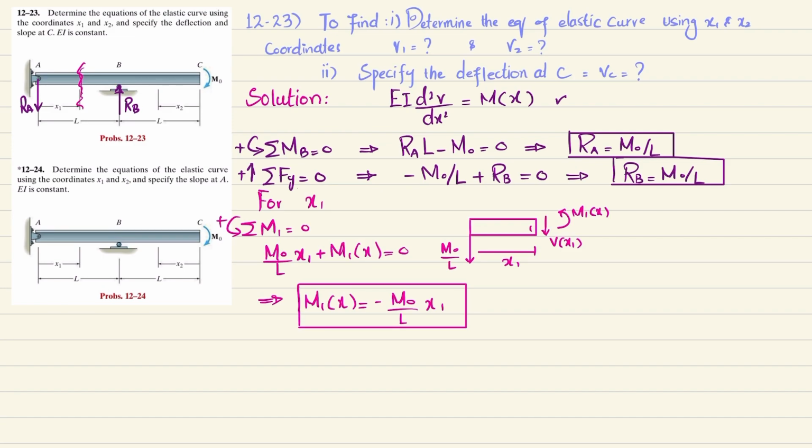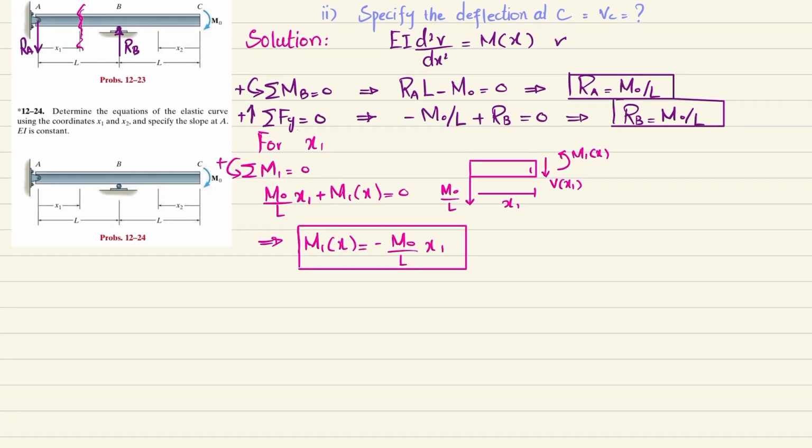Clear? Now you have to put it in this equation. For coordinate x1, we have EI d²v1/dx1² equals M1 of x, and this M1 of x is minus M naught x1 over L. Now you have to integrate it.